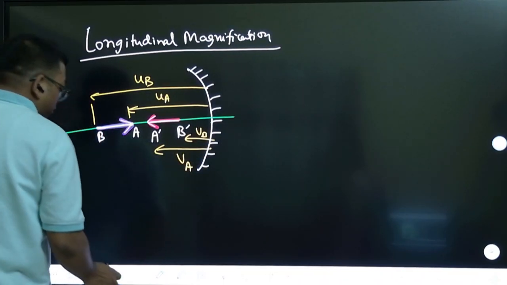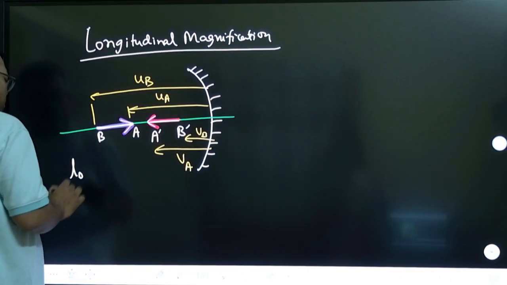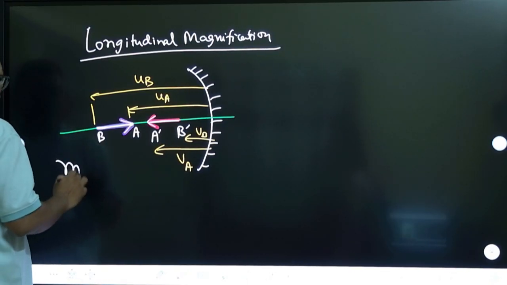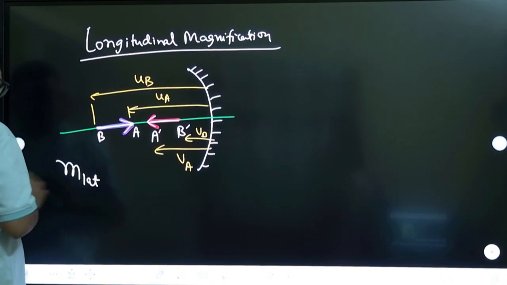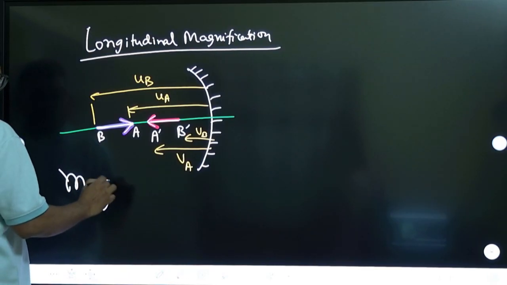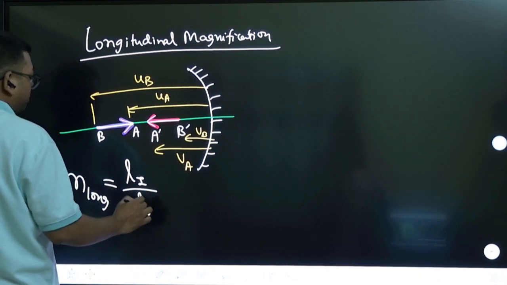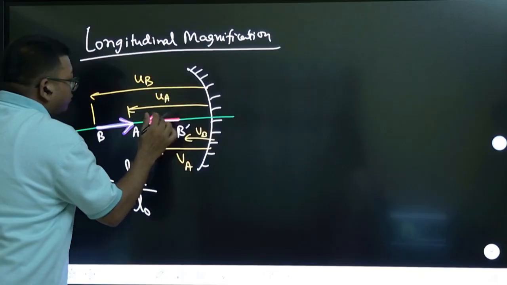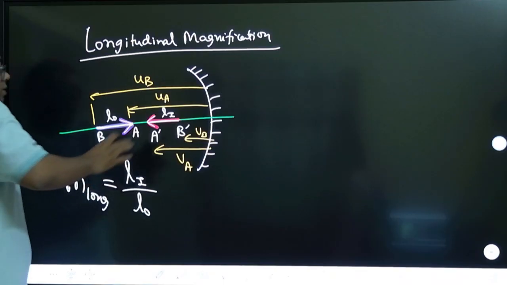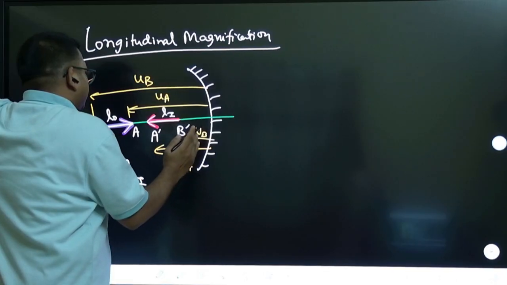So what is the length of the object and the length of the image? Here, again, longitudinal magnification, not lateral, will be defined as length of image by length of object. This is the length of the image, and this is the length of the object. To calculate the length of the image, I can subtract VA minus VB.